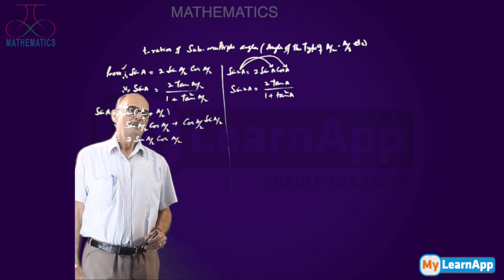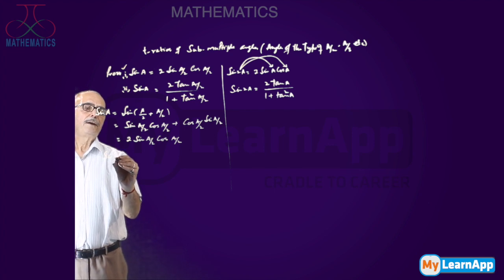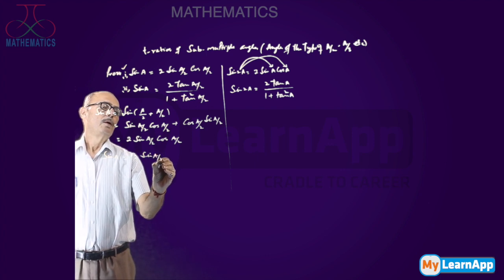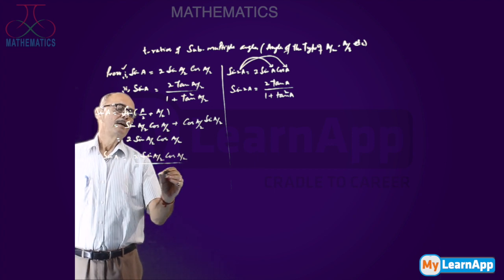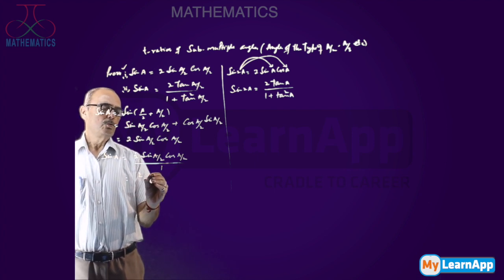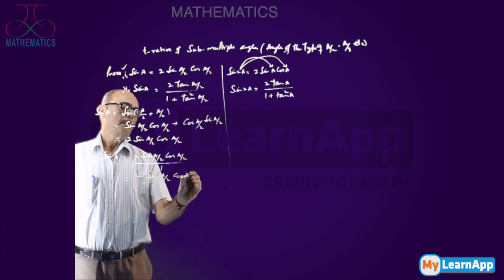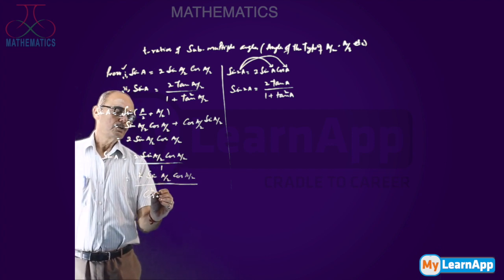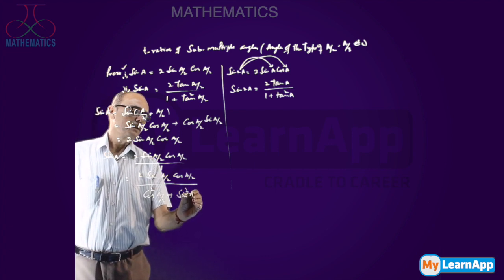Further, for proving the second result, we have sine of A equal to twice sine of A by 2 cos of A by 2, and if you divide it by 1, it does not matter. So, this is 2 sine of A by 2 cos of A by 2 divided by cos square A by 2 plus sine square A by 2.